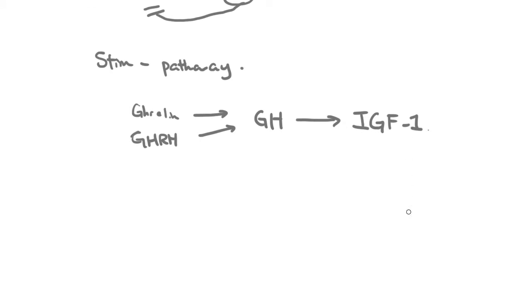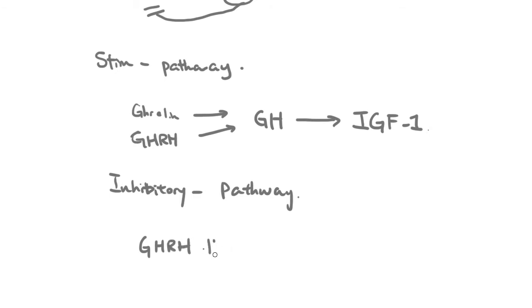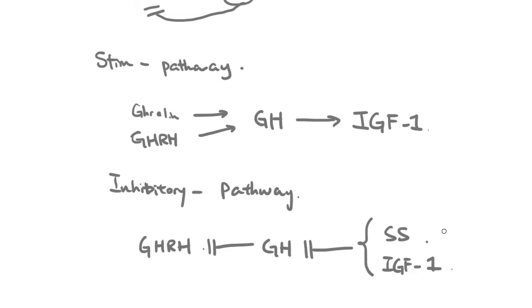And then we have to look at the inhibitory pathway, which is GHRH is inhibited by GH, which is then inhibited by SS, which is somatostatin, and IGF-1. Why?